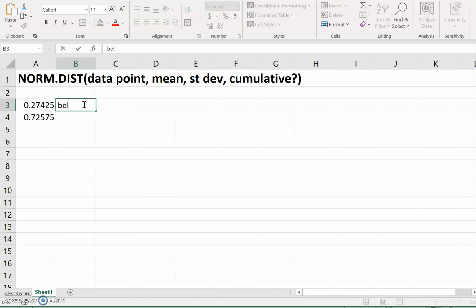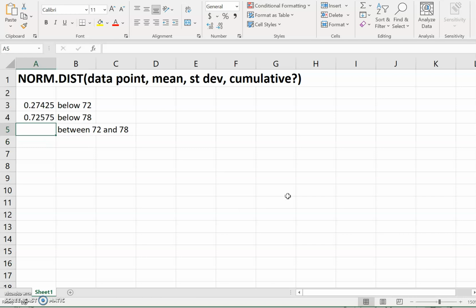So we've got below 72, we've got below 78, and now if we want between 72 and 78, then we can just take the difference of those two, right? If we subtract those two, we're basically cutting off all of the extra stuff that we don't want below 72. So we can just do equals the entire below 78 value minus the entire below 72 value. Okay, so we get this 0.45149.